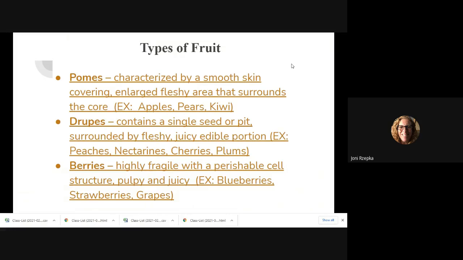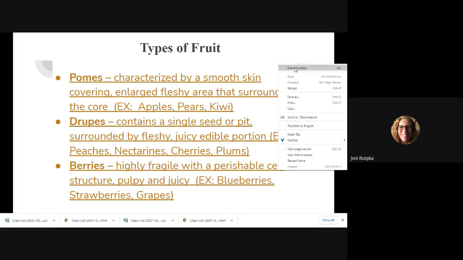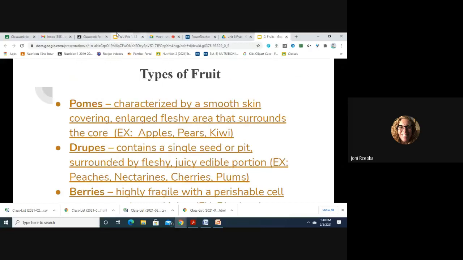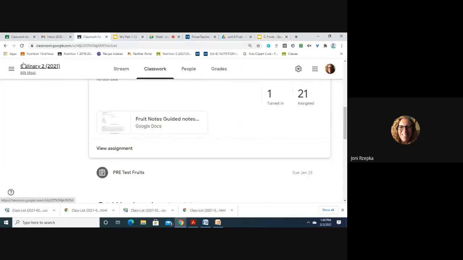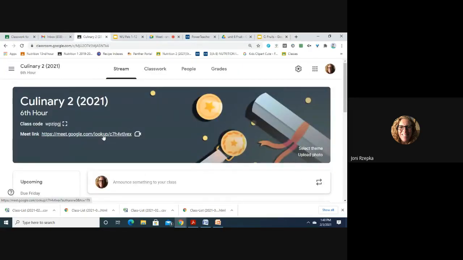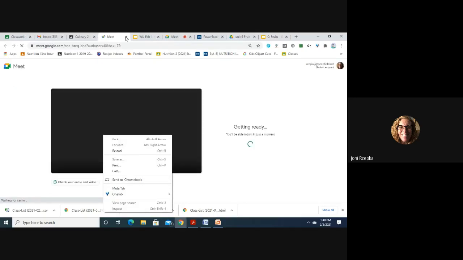Pomes, which are characterized by a smooth skin covering. Can you guys wait one second? Jordan's trying to get into the meet and I have to send him some information. Hang tight, let me just try to get him in here. Whoopsies, that's not what I wanted to do.